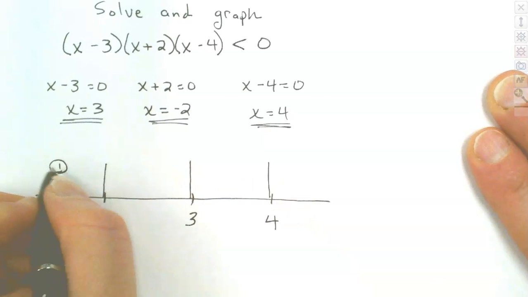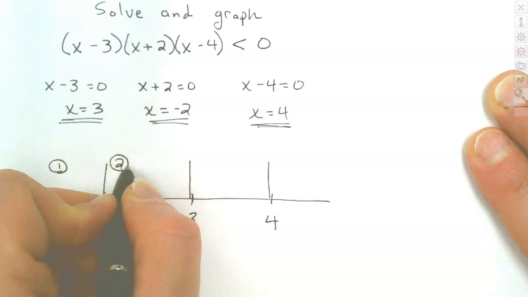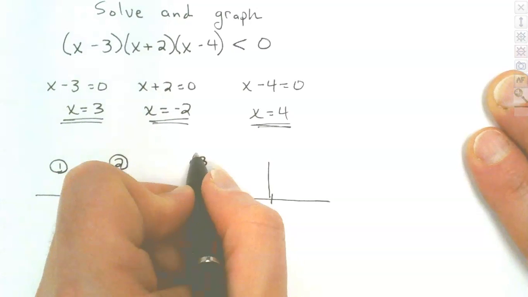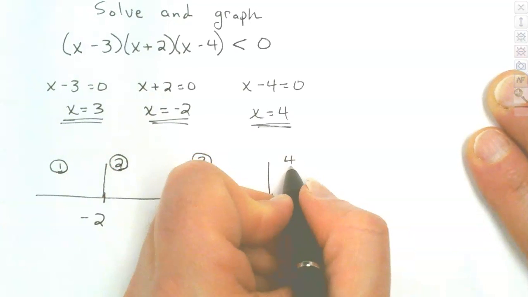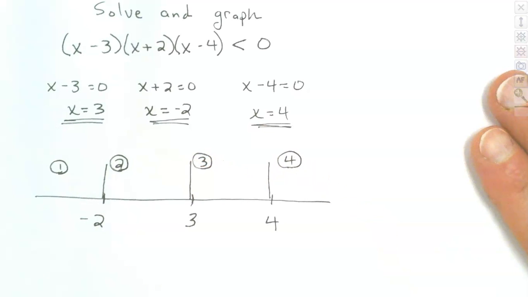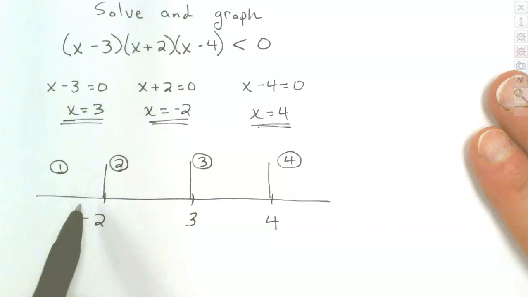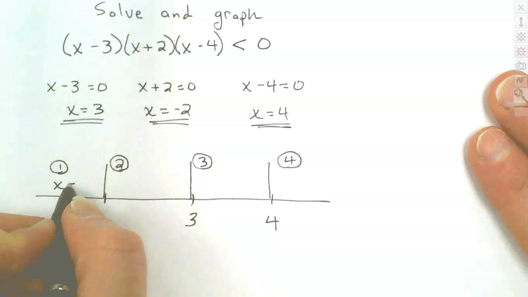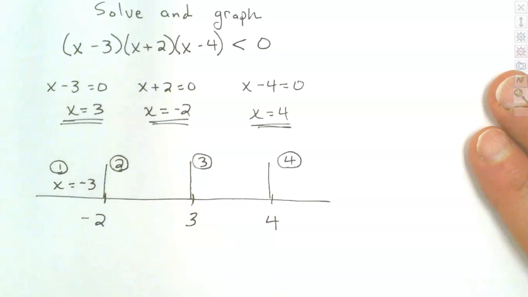If a whole number is not in the region, you'll have to use a decimal. Try to make them as easy as possible to work through. We need a number smaller than negative 2. So how about negative 3? That'll work.